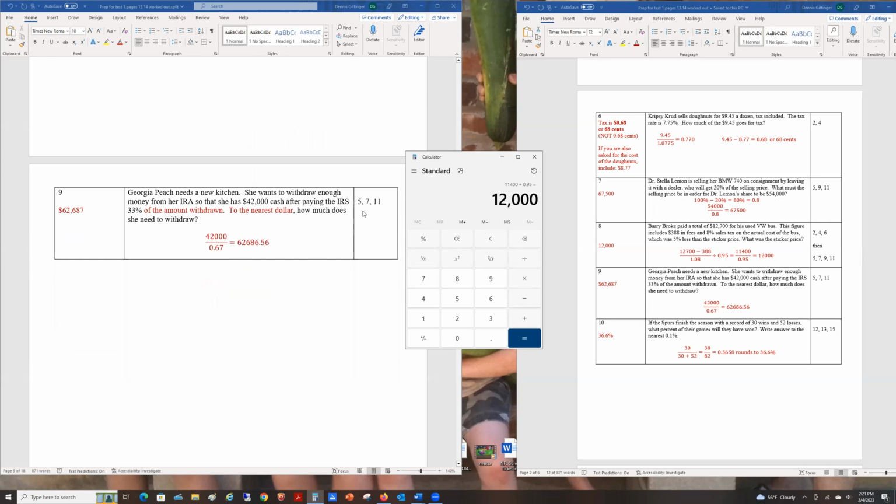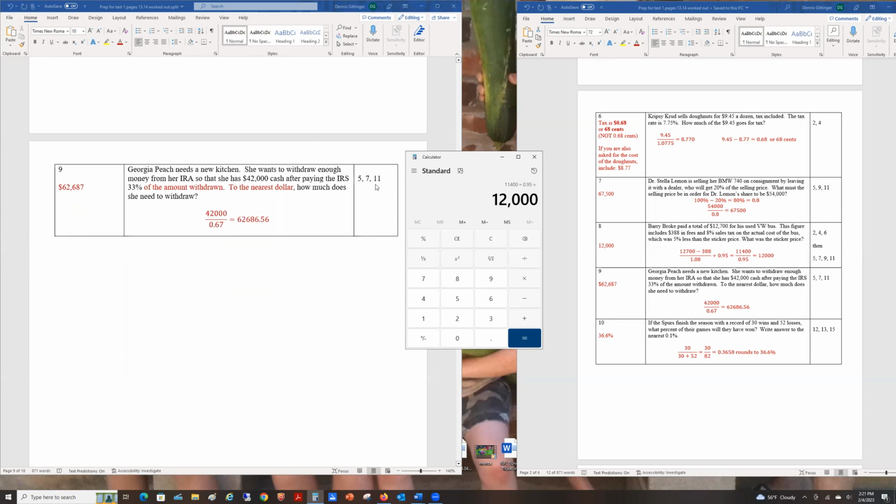Number 9. Here's another one like number 5, 7, and 11. I put that down for your convenience so you can see how they are related. Person's going to buy a new kitchen, needs $47,000. This is just like the problem about selling the car. She needs $42,000 after paying the IRS 33%.